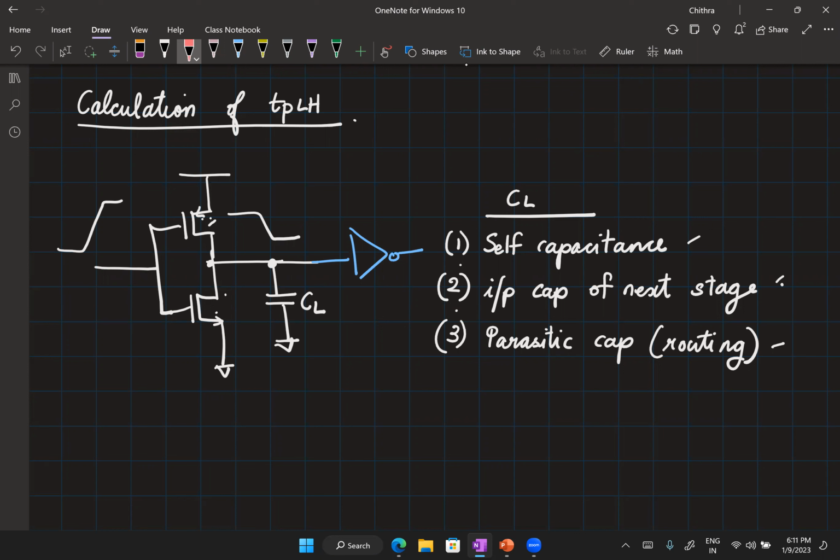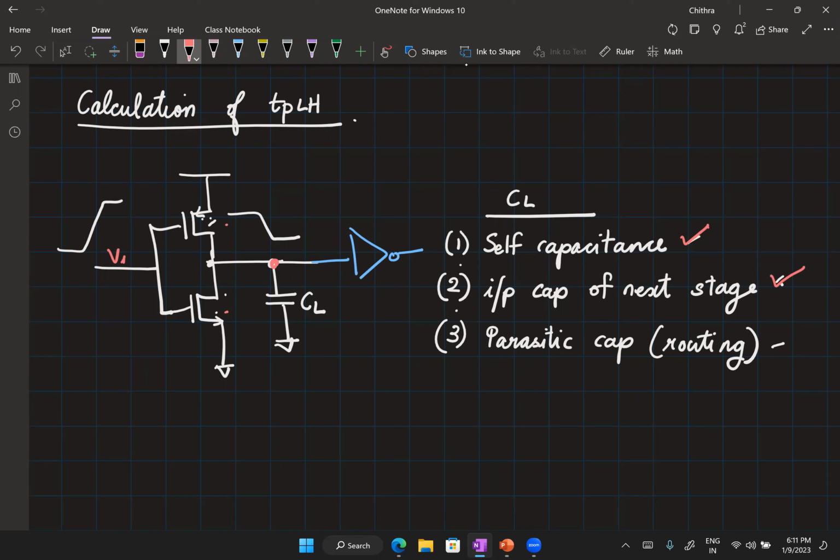But if you have a finite rise time, we have to worry about when the NMOS is turning on, when the PMOS is turning on, and the strength with which it is turning on, right? The other part is the capacitance that we have written here, especially the self-capacitance and the input capacitance of the next stage. They are functions of the voltage here.